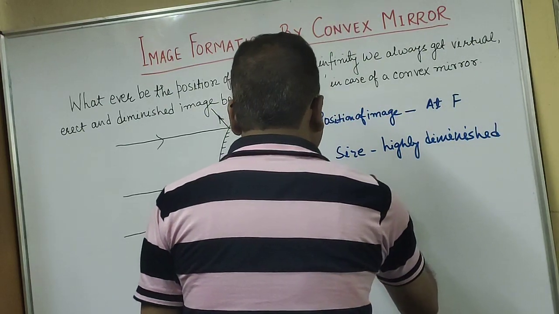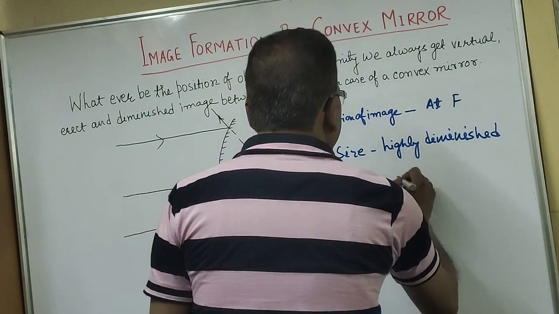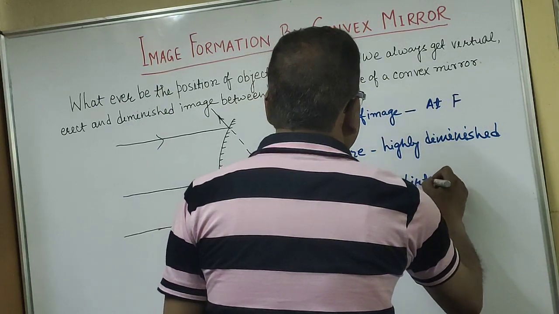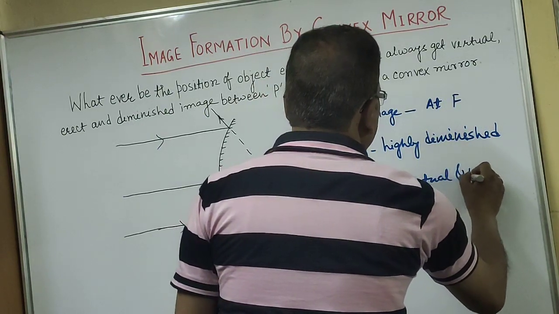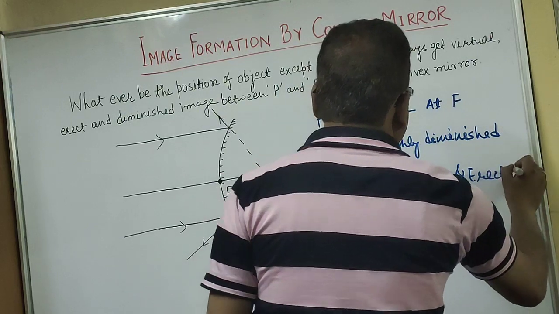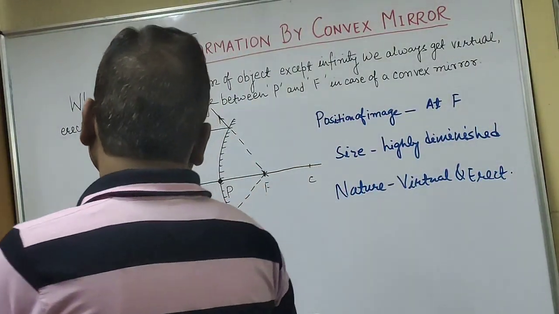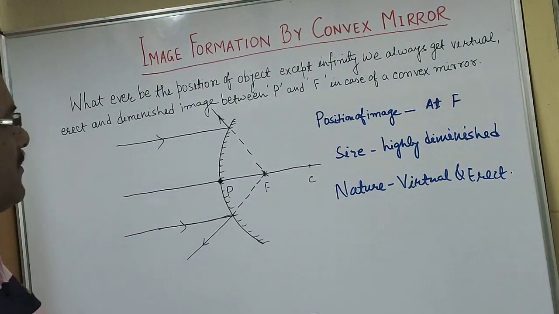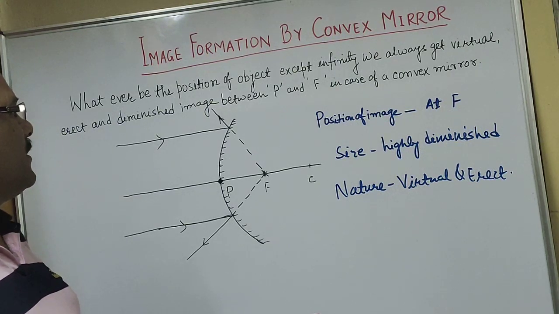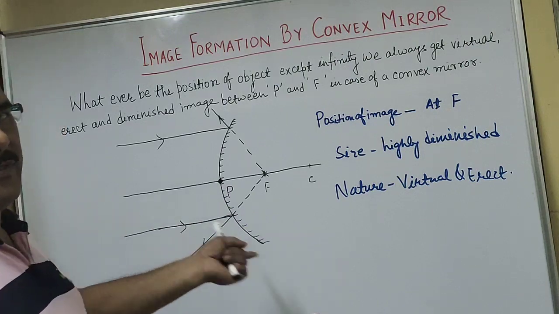Nature: virtual and erect. So whenever you draw the ray diagram, you must write these points: the position of image, size and the nature, and must put arrows in your ray diagram. So this is one of the cases, and then I will draw when the object is anywhere between pole and infinity.